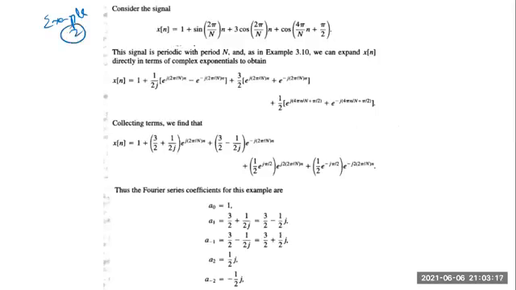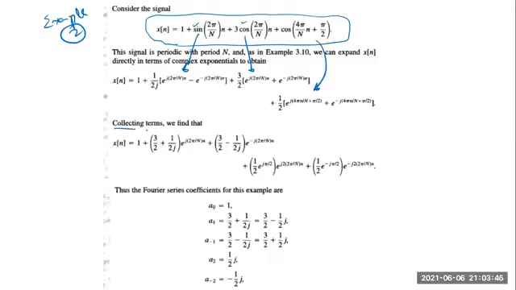So let's assume we have a signal given to us in this form, and you can see it is periodic based on the fact that it involves sine function and cosine function. But this is not what we want. We want to represent this in the standard exponential form. So again, rather than making use of the expression of ak, I can directly represent this sine function in terms of exponential based on Euler's relationship.